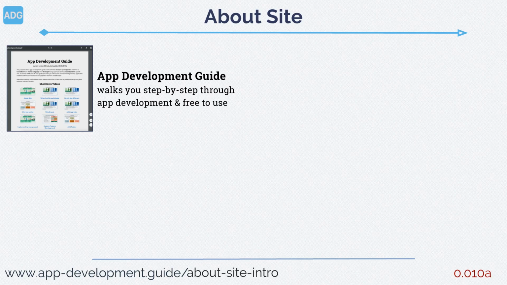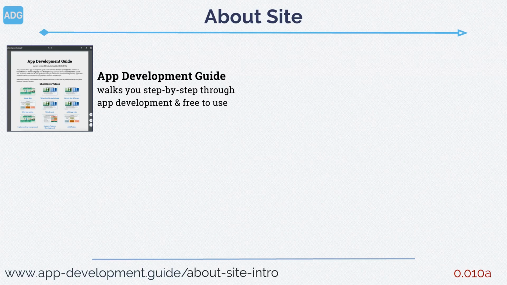This is about Uber or Quizduel-like apps, so functional apps. It walks you step by step through the app development process, from defining your main app idea until you publish and promote it.